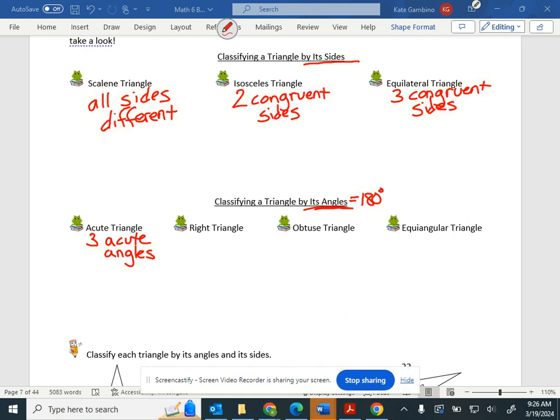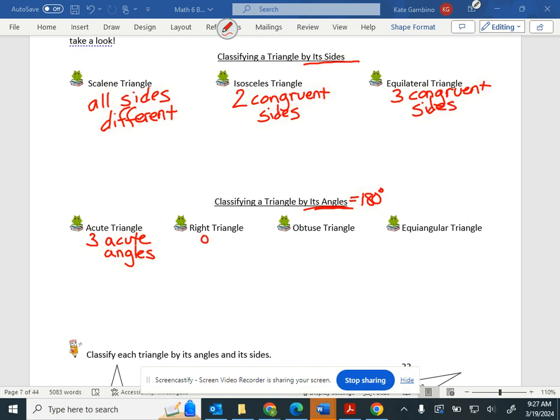So if you're putting in the degree measurements as an example, they're all acute, they're all less than 90. Remember, all 3 of them added together must equal 180. So if your example that you draw on the test does not equal 180, then you do not get credit for it. You have to remember triangle angles always equal 180 degrees.